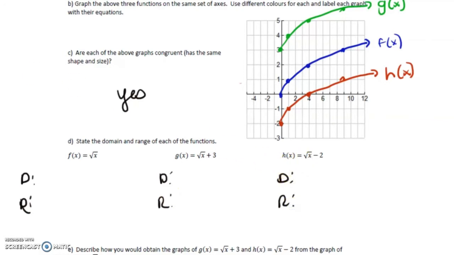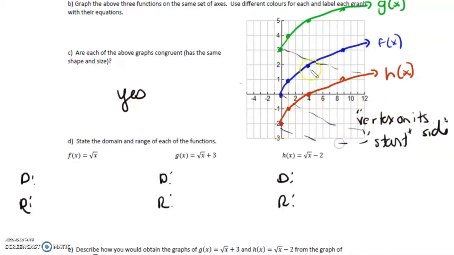Okay, so what's going to happen with our domain and range is we're going to look at where the start is, or I also call it the vertex on its side. If you're thinking of this as a parabola on its side, we're going to take a look at what would be considered the vertex.